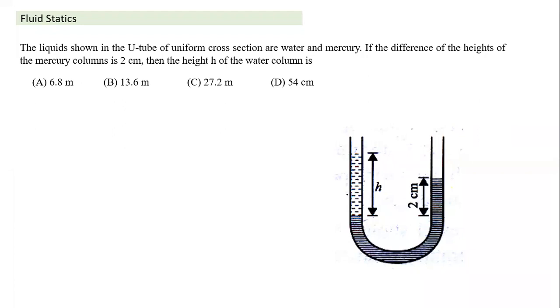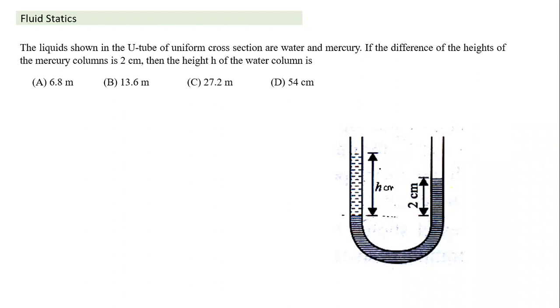On one side we fill water, which stands to a height of h units, maybe centimeters. If we add water here, which is immiscible, the level of mercury on the other side also rises, and compared to the level of mercury on the left-hand side, it has risen by 2 centimeter. So the difference in height of mercury column is 2 centimeter. We have to calculate the height of water.